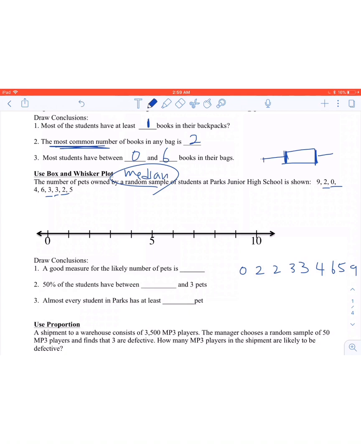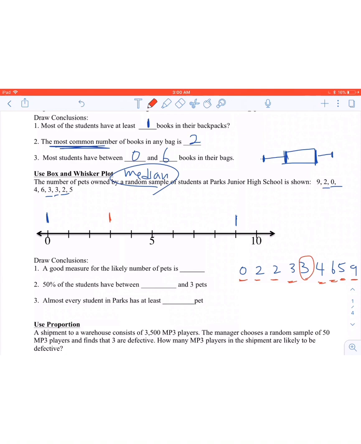Each of these ends represents the smallest number and the biggest number. So we have something at 0 and something at 9. Let's figure out where the middle is. We go from each end and meet in the middle. It looks like 3 is my median of the list, so I'm going to place another line right there.